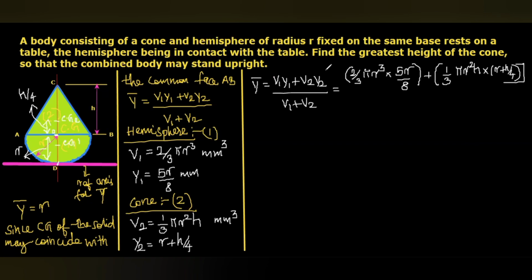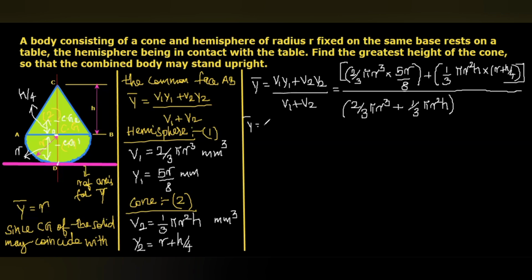This is the numerator, divided by V1 plus V2, that is 2 by 3 pi r cube plus V2, 1 by 3 pi r square h. And we know this y bar value equals r.